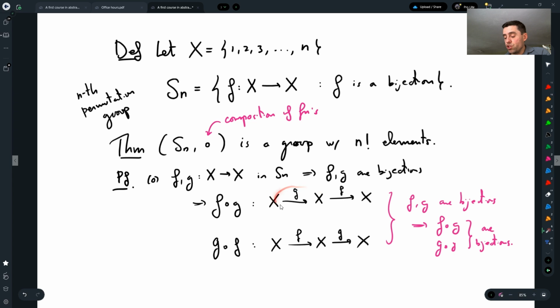Surjective: G is surjective to here, F is surjective to here, so the composition will be surjective. So these are bijections. So that means that Sn is closed under composition.